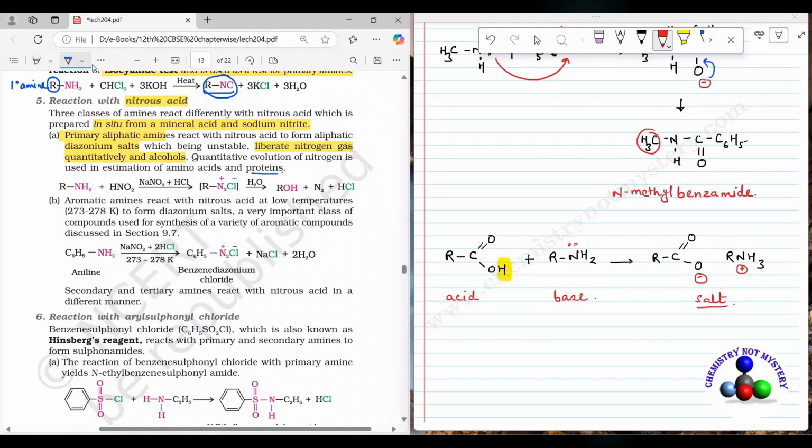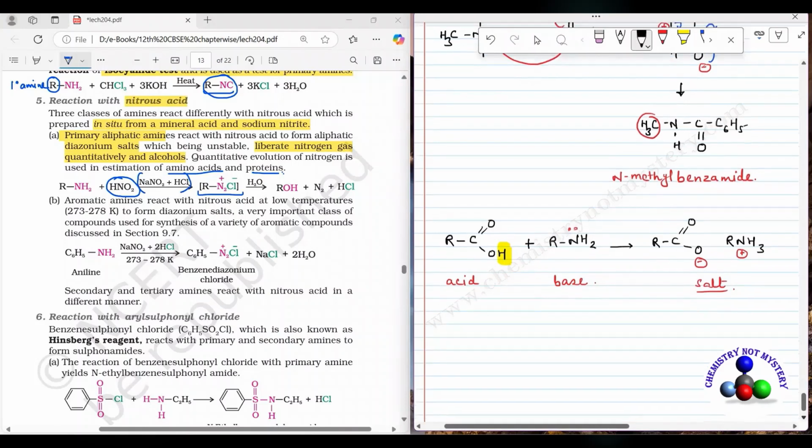Proteins are also known as polyamides, and in amino acid amino group is there. To estimate nitrogen present in the amino acids or in protein, this reaction can be used. In this reaction, when primary amine reacts with nitrous acid, this nitrous acid is prepared in situ by the reaction of sodium nitrite with HCl. It gives diazonium salt.